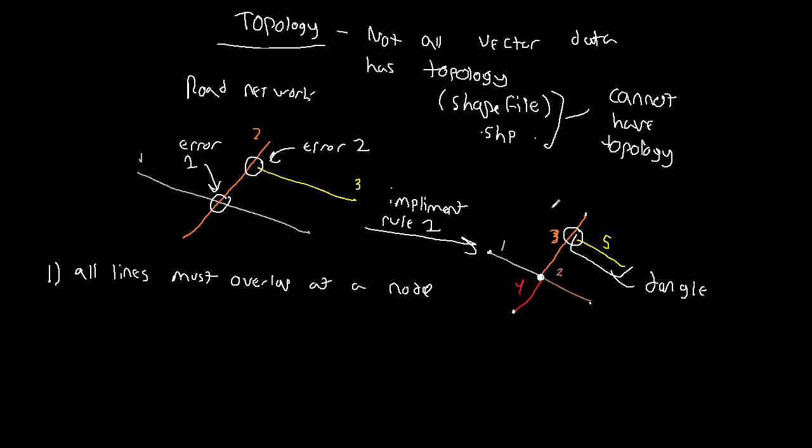And what we can do is we can implement another rule. Actually, you know what? Let me take a second here and specify the actual ArcGIS Pro names. So if you ever see them, all lines must overlap at a node. The name for this is must not, or must intersect, I should say.